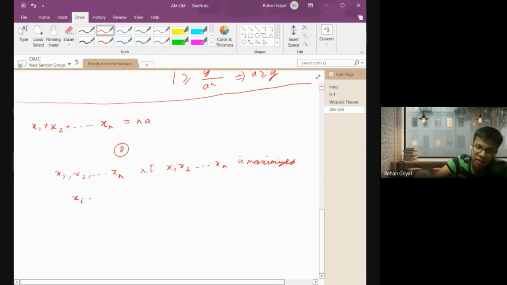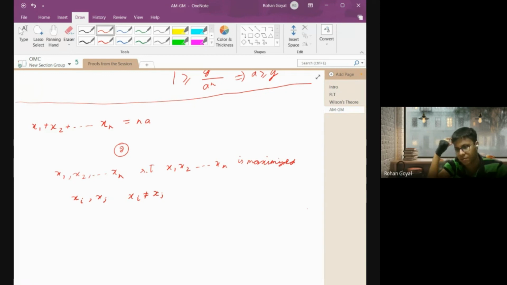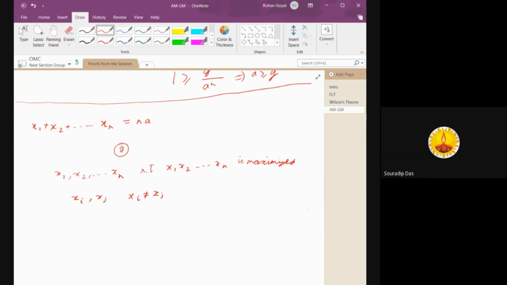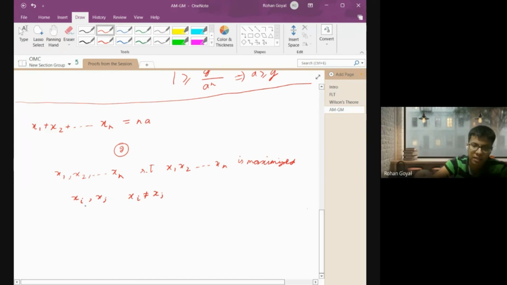Then there are some xi and xj such that xi is not equal to xj. Otherwise, all are equal, and then I basically have AM-GM with equality. So I'm just assuming that there are some xi and xj which are not equal. So what I do is replace both of these with (xi plus xj) by 2 and (xi plus xj) by 2.